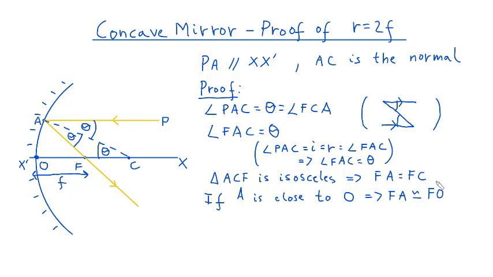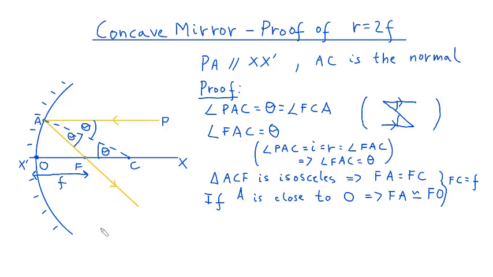Okay, so if we put these two things together here, if we're saying FA is approximately FO, or let's just say equal to FO, then this means FO is equal to FC, meaning we can say that FC is equal to F, the focal length.